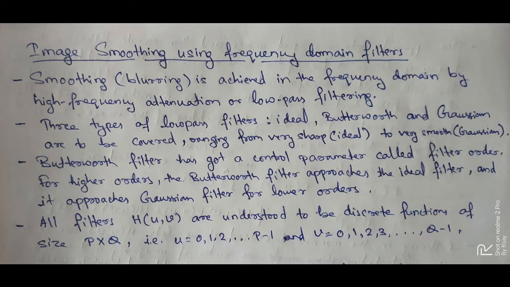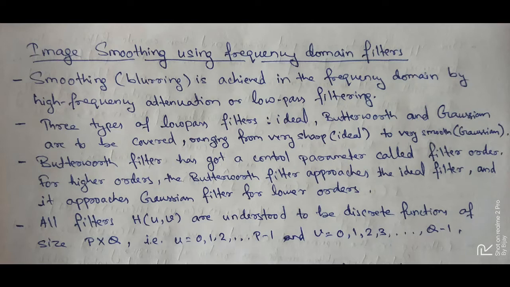Very soon we are going to explore the frequency response of each of the filters: the ideal low pass filter, the Butterworth low pass filter and the Gaussian low pass filter.